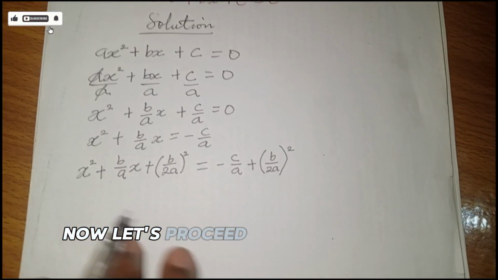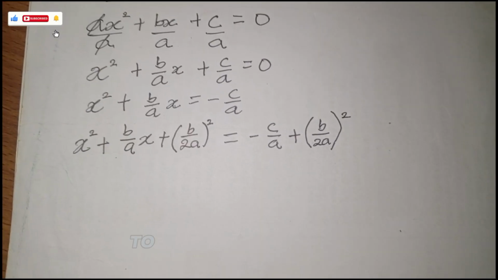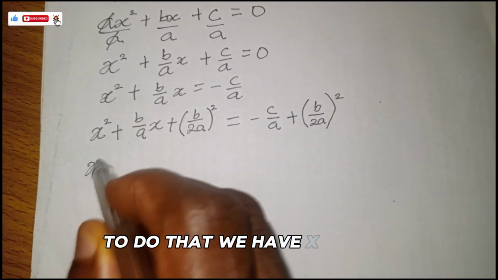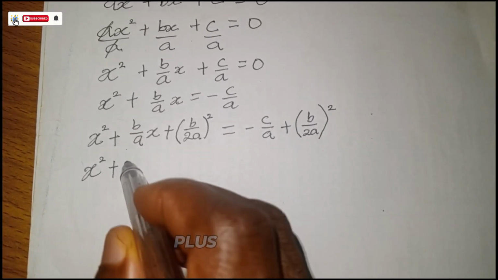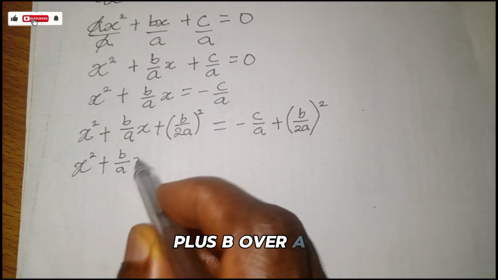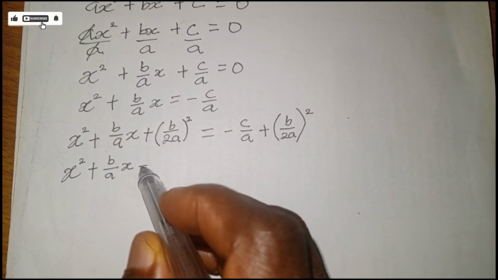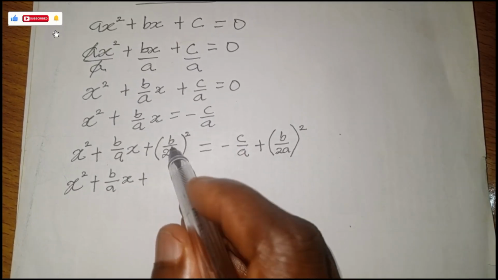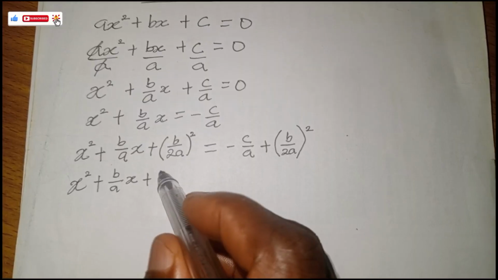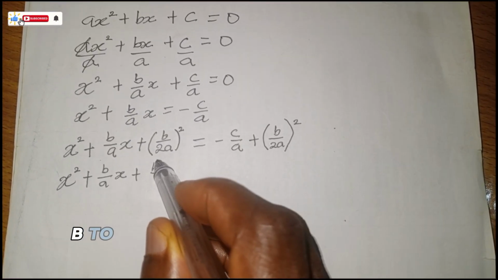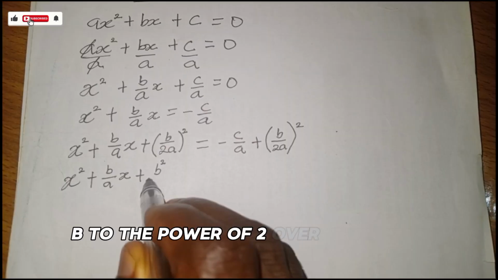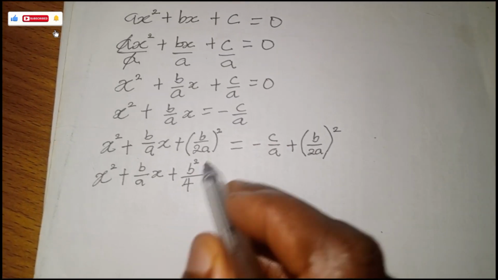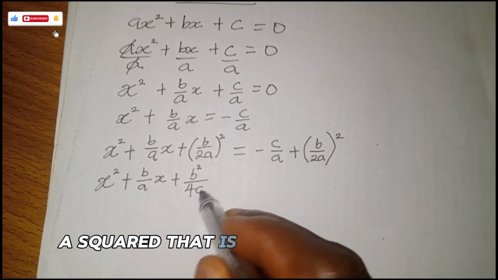Okay, now let's proceed. The next thing we are going to do is simplify the bracket. So we have x squared plus b over a x plus b squared over 2 squared, that is 4, a squared, that is a to the power of 2.